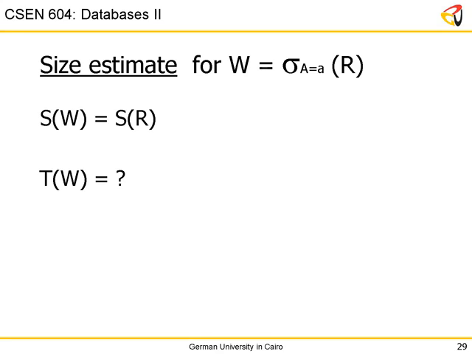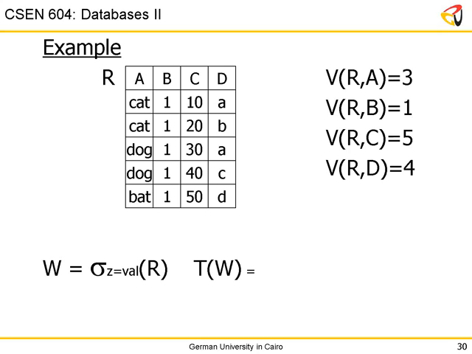Remember, I have with me statistics about how many unique values exist in every column. And here I'm querying a specific column, which is A, the one we've seen in the table before, the one that has cat, dog, bat, and so on. So the general rule is, I'm looking for an estimate, and I want it to be as accurate as I can.